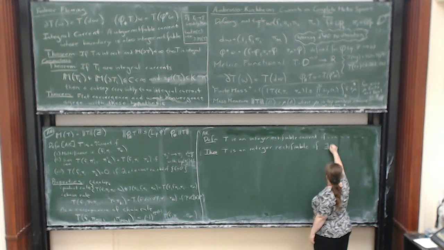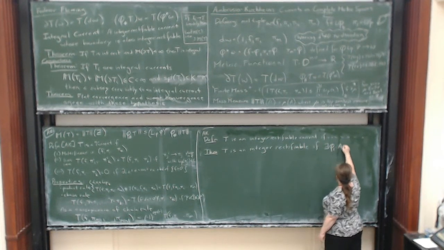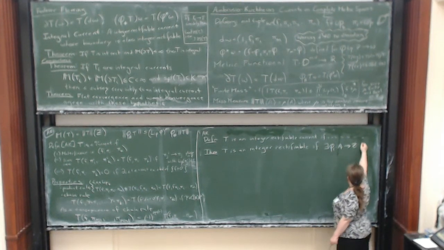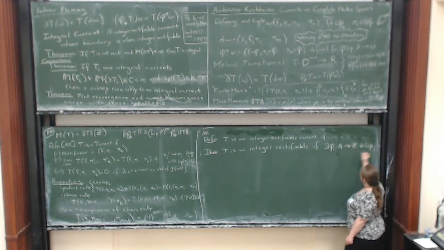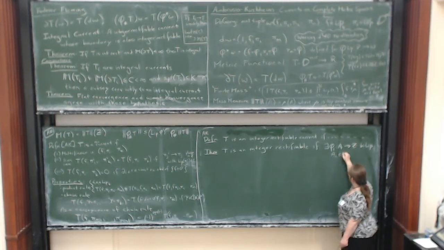there exist phi i's from A i's to Z. These are bi-Lipschitz, and the A i's are sitting in R^m and are Borel.